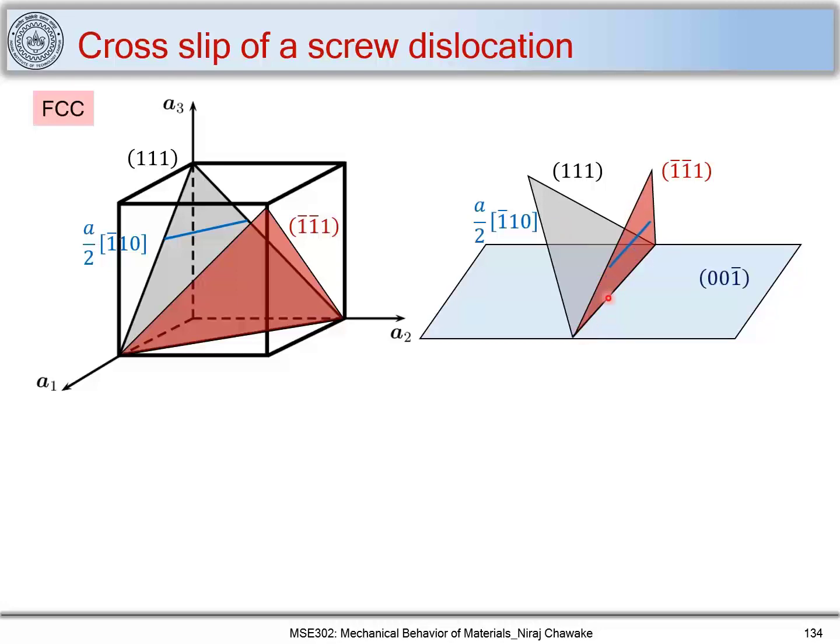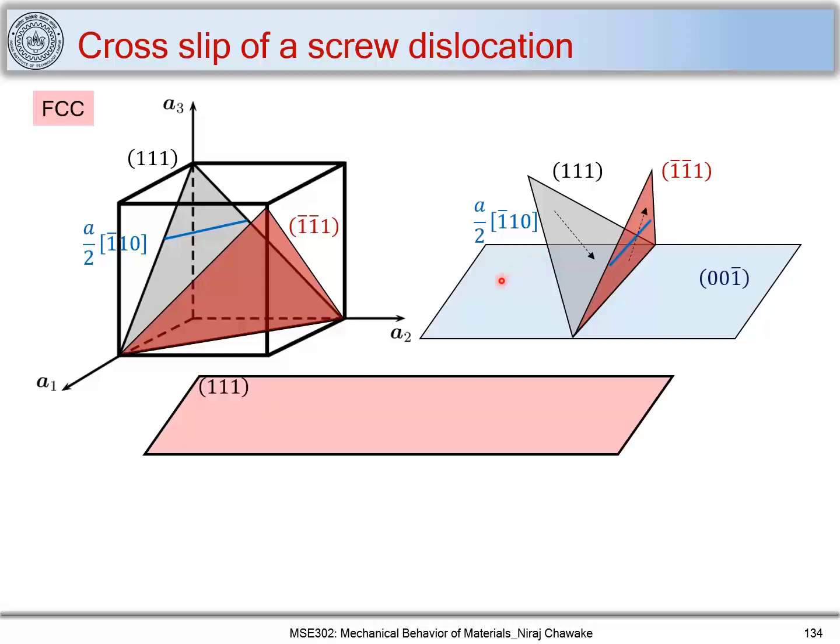It cross slips on this plane because this is also a slip plane, and the Burgers vector is parallel to the dislocation line. So this is a screw dislocation, and thus it can cross slip from the 111 plane to the bar 1 plane. It moves on this plane, slips on this plane, and then it cross slips on this plane. So this is how a screw dislocation can cross slip.